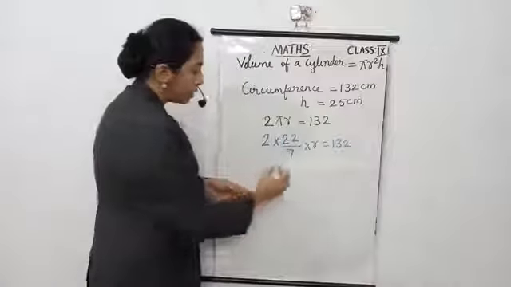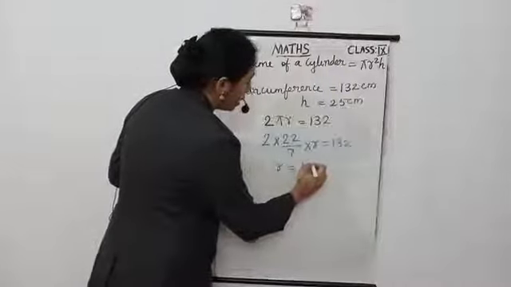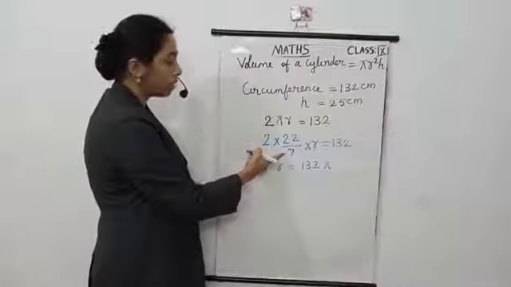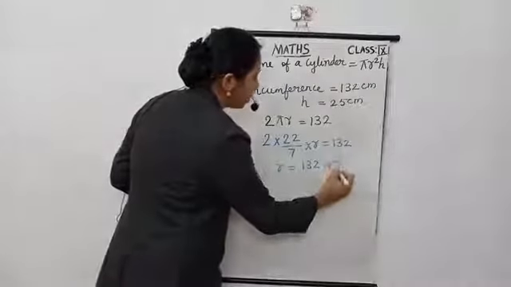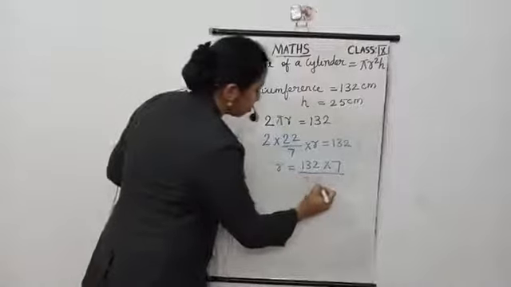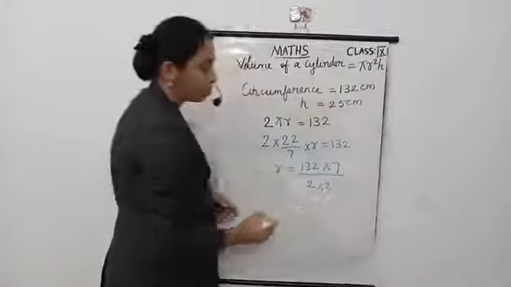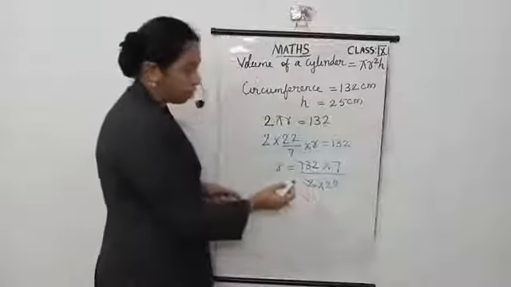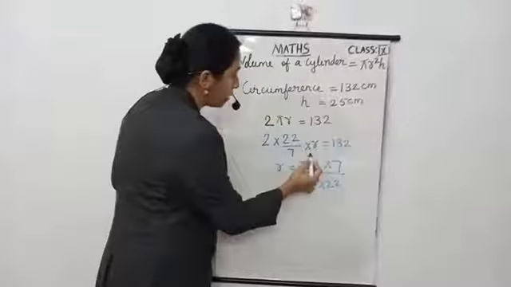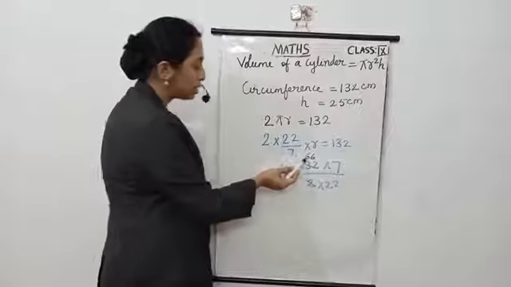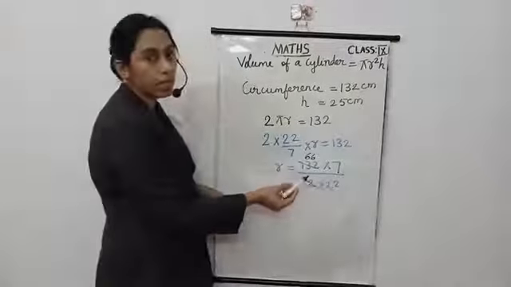Now r is equal to 132 into 7 in the division, so here comes multiplication by 2 into 22. Now we can cancel 132 and 2. 132 divided by 2 we get 66. Again we can cancel 66 and 22 with 11.